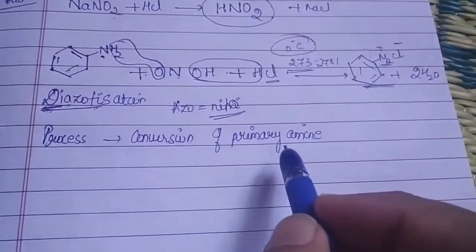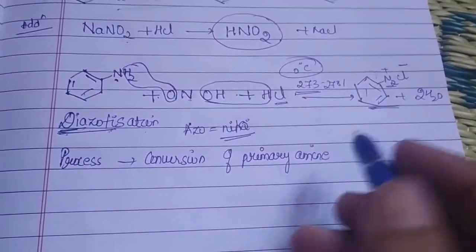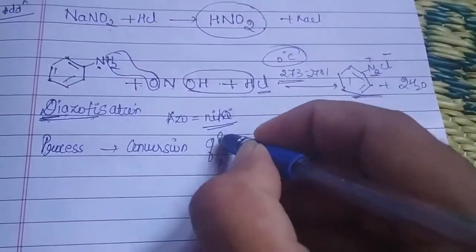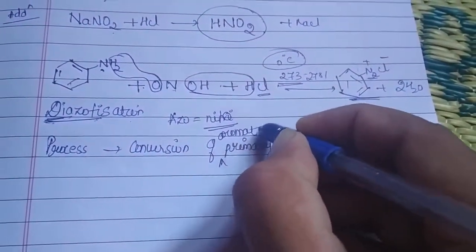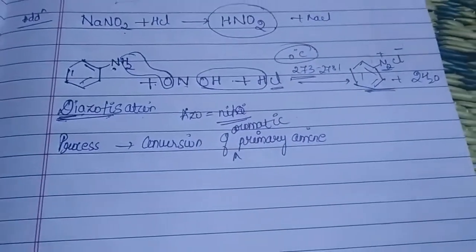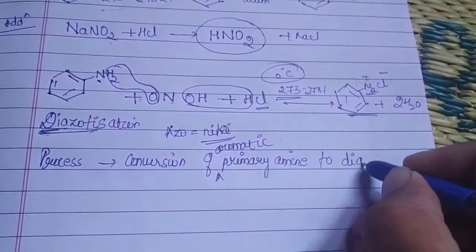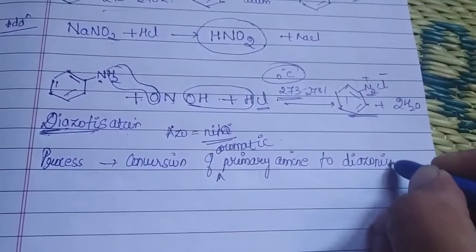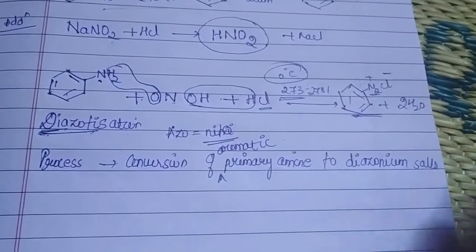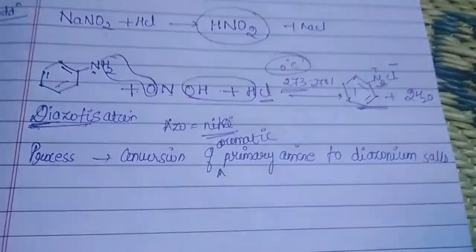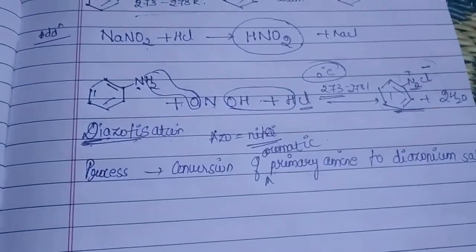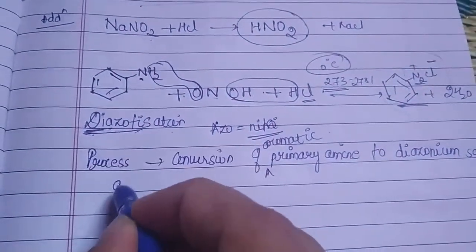So conversion of a primary amine, or we can say aromatic primary amine, to diazonium salts. That is, if we have to prepare such a salt, that process itself is called as what?